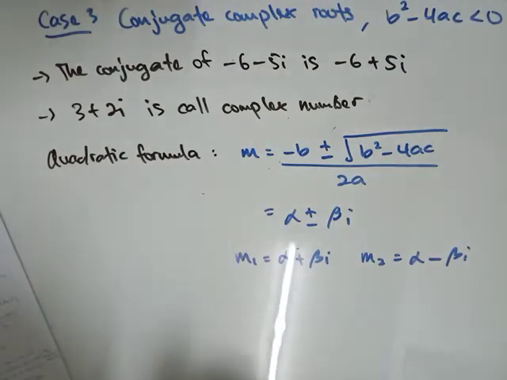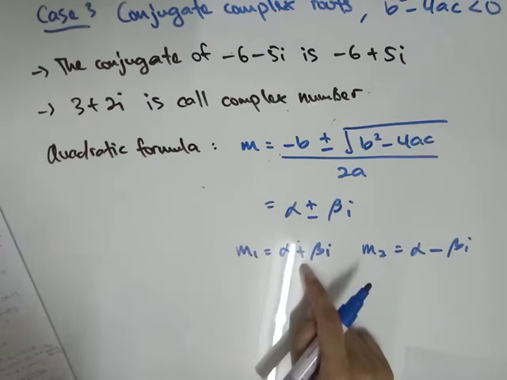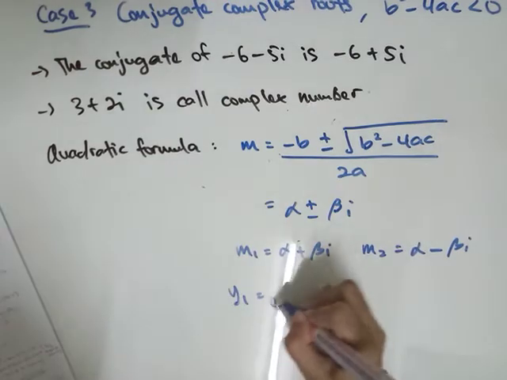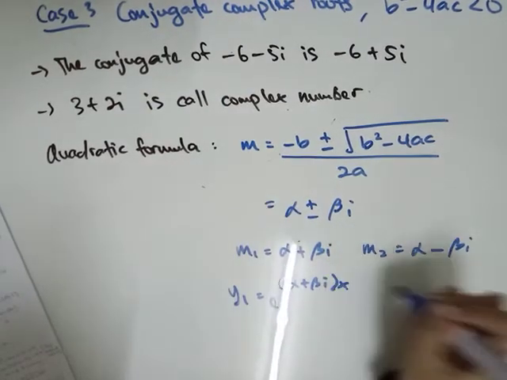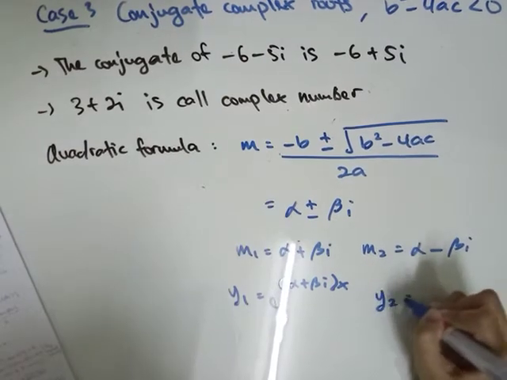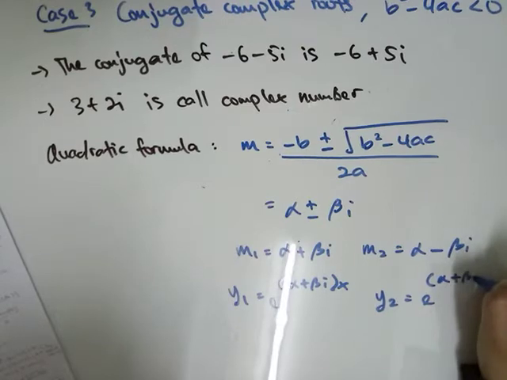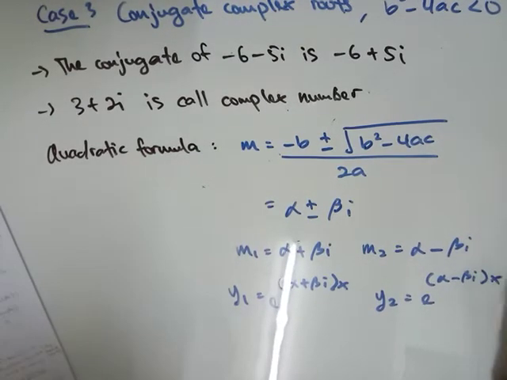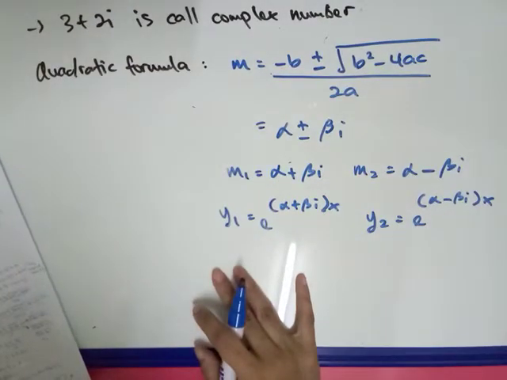Thus, substituting into y1, it will become exponent alpha plus beta i x. For y2, it is exponent of alpha minus beta i x. Then what?